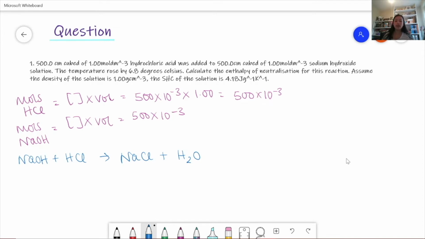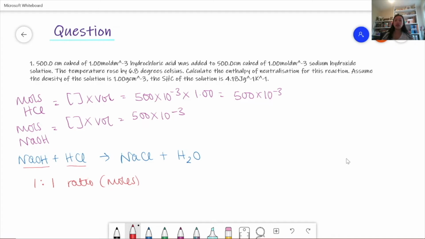And then we look at the ratio of sodium hydroxide to hydrochloric acid reacting. And as we can see, it's just a 1-to-1 ratio. So it's a 1-to-1 ratio, and that's for the moles.